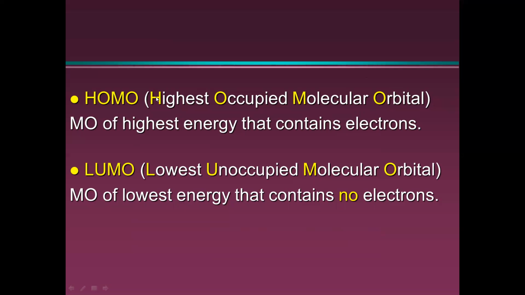You see it highlighted in yellow. In other words, HOMO is the molecular orbital of the highest energy that contains electrons. LUMO is the lowest unoccupied molecular orbital. That is, LUMO is the molecular orbital of the lowest energy that contains no electrons. Okay, we will talk about that later.